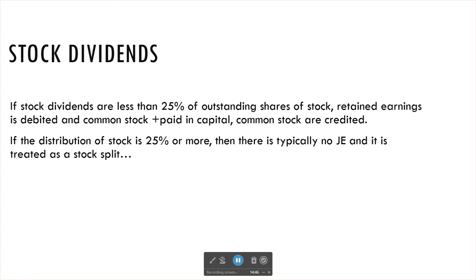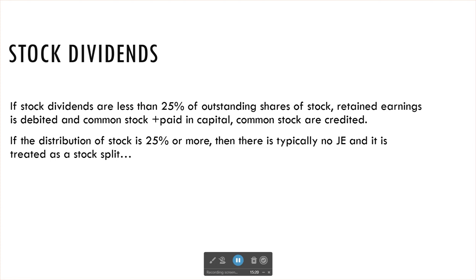You kind of have the same thing going on here, because if you have stock dividends that are very small in amount, and usually that's defined by the number of outstanding shares of stock. So you're going to give out 25% of outstanding shares of stock. So if you had like 100 shares of stock outstanding, what you're going to do is issue 25 more shares.